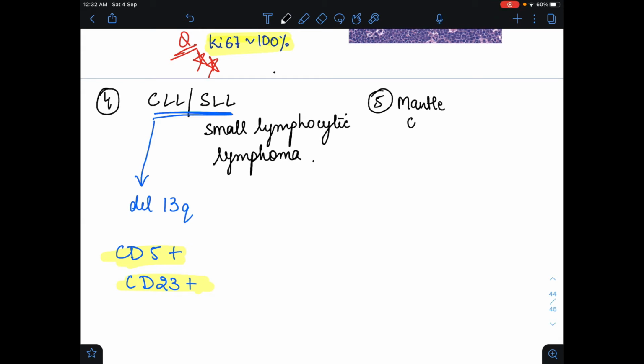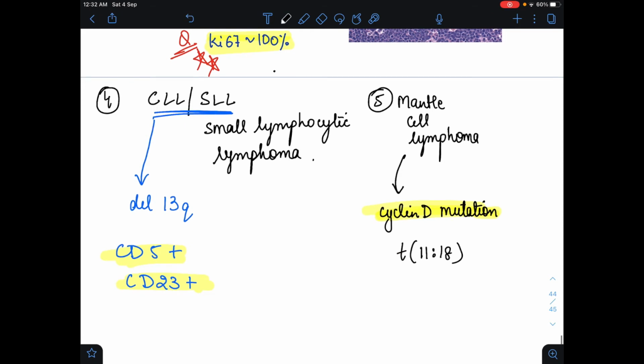The fifth type of B type non-Hodgkin lymphoma is mantle cell lymphoma. In mantle cell lymphoma, we see a cyclin D1 mutation. Please remember it, it is an important question. We also see the translocation 11:14. The markers found are CD5 positive and CD23 negative.